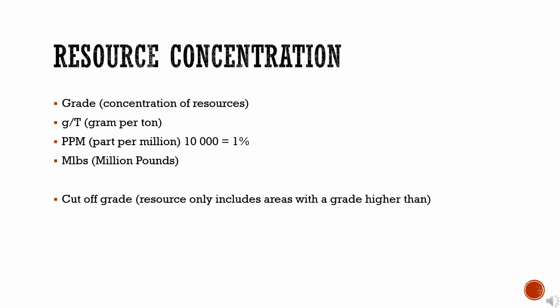MLBS, which stands for million pounds, and cutoff grade, which is basically the resources only include resources above a certain density of resource in the deposit. Ones below it aren't counted because even if the ore is mined, they might not be extracted.